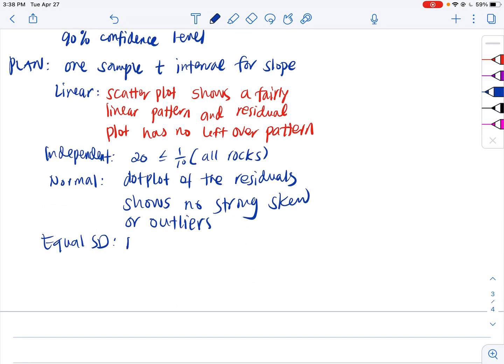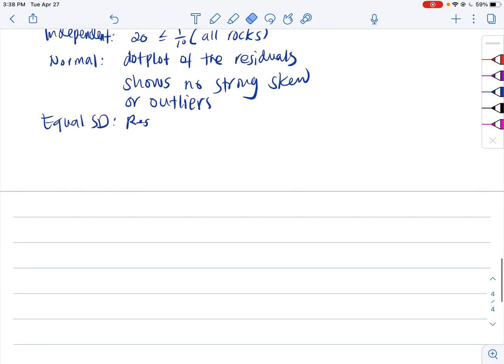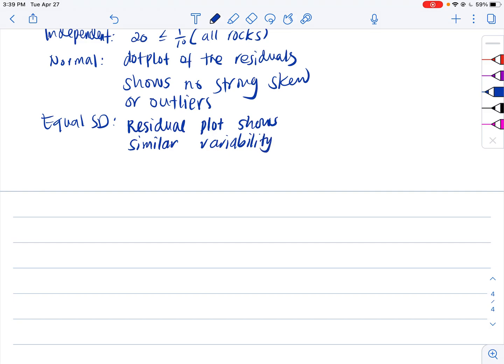So you would always say: the residual plot shows similar variability for each x.